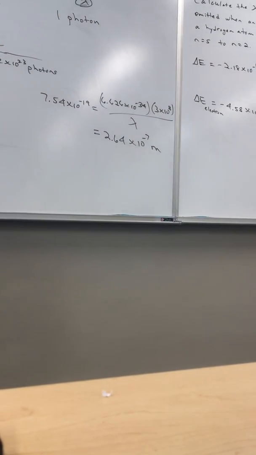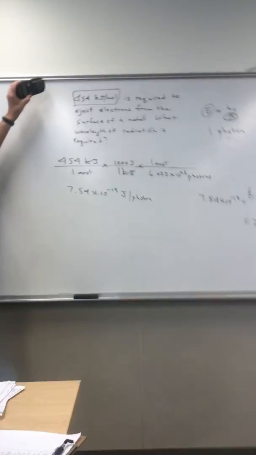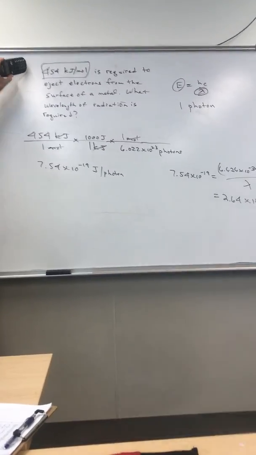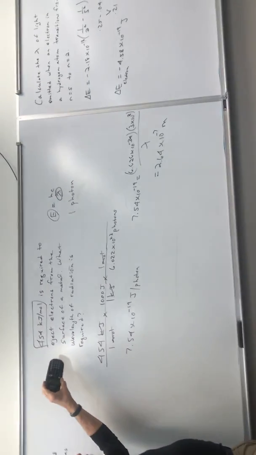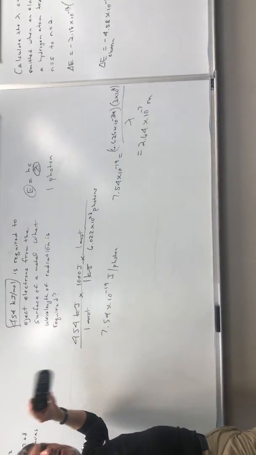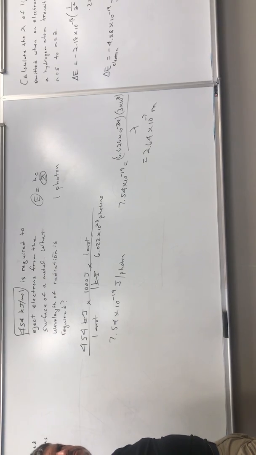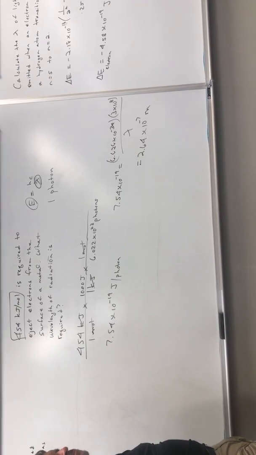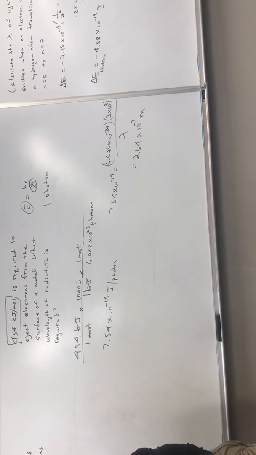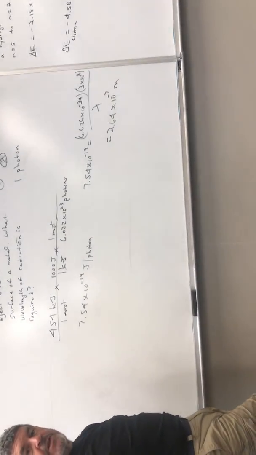So if we wanted to cause this to occur, we need to use a certain wavelength of radiation. So what color light should I use? None. Well, this is electromagnetic radiation, so the visible spectrum falls into that.